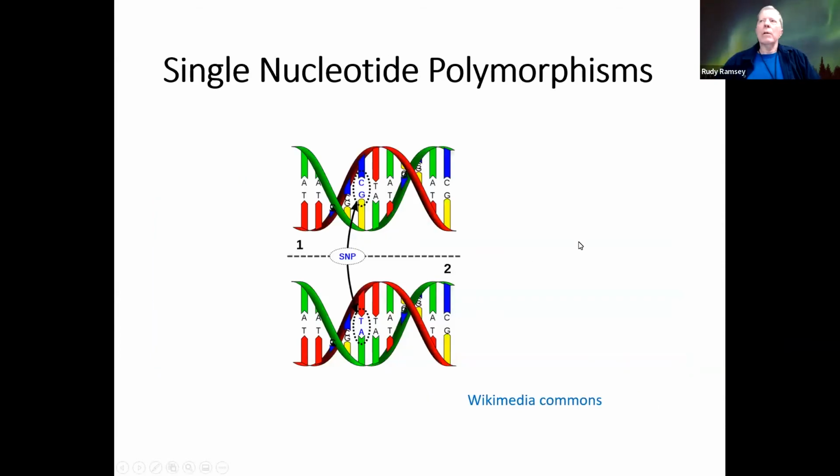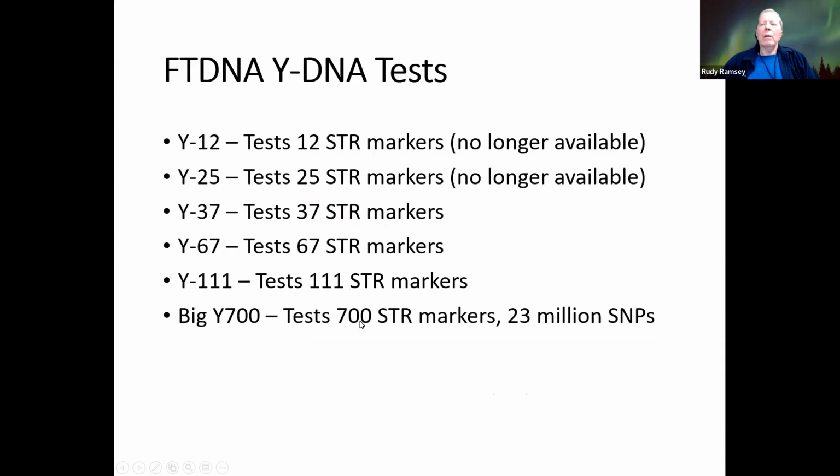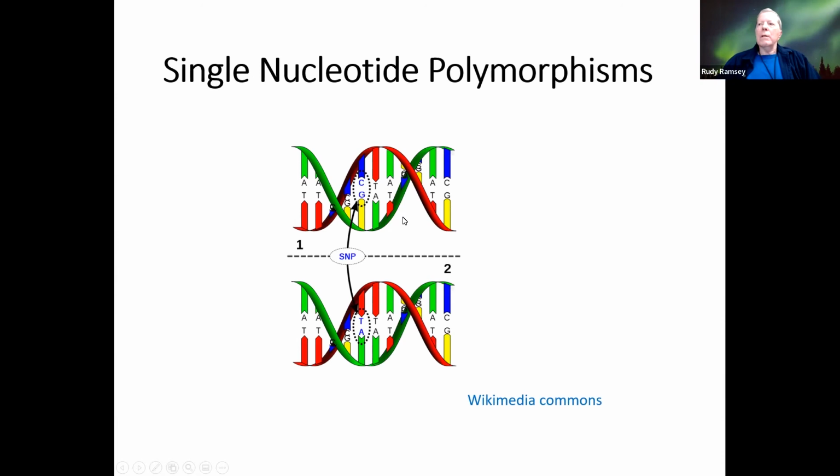Single nucleotide polymorphisms look like this. Here's the DNA double helix, and here are the bases, one on each side, that pair with each other and bind together the 2 strands of the double helix. And in a particular location somewhere along this very long double helix, there might be a different value, cytosine in this case, thymine here.